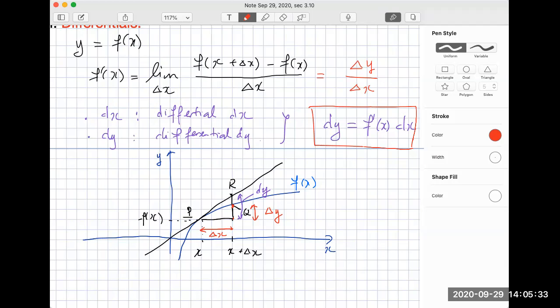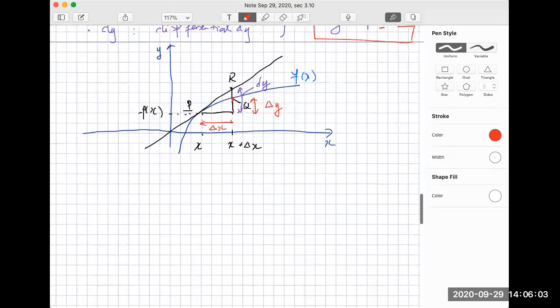So we see that dy depends on x and dx, okay? So dy represents the change of the tangent line, while delta y here represents the change of the curve in the y direction, okay? Just some concepts. But it is very useful.